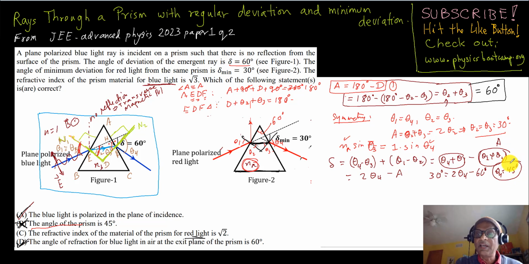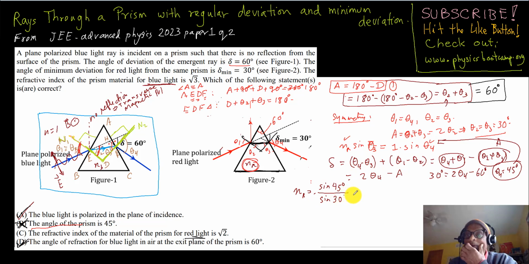So now I can use this over here and solve for n. n_R equals sine 45 degrees divided by sine 30 degrees, 1 over square root 2 over 1 over half, and that just gives me square root of 2.